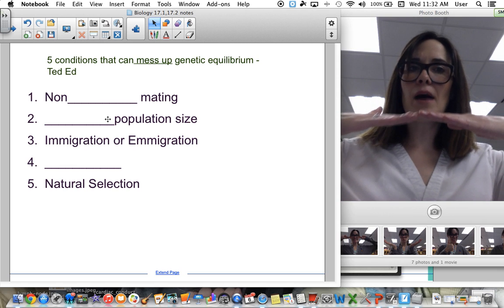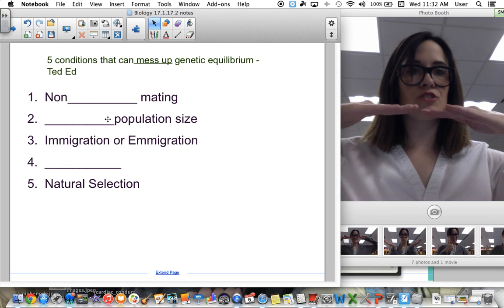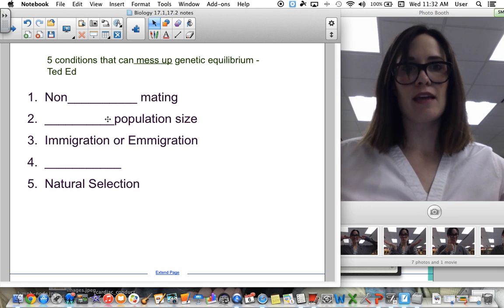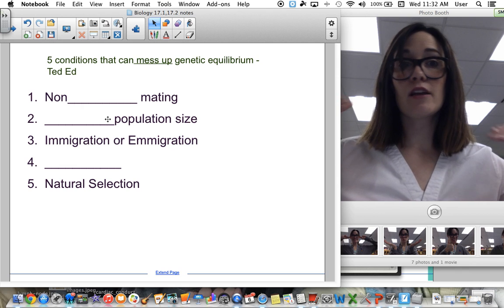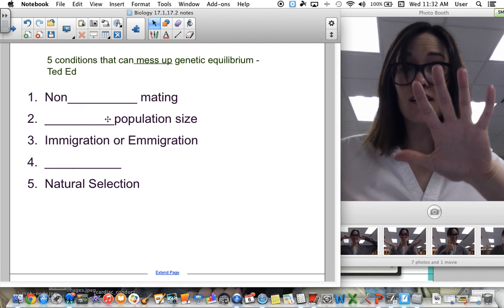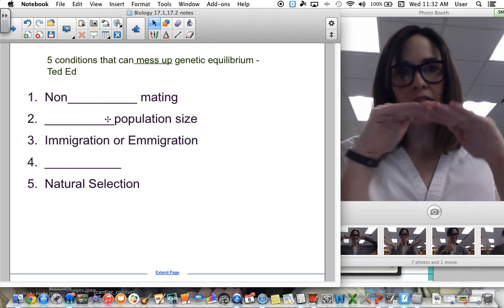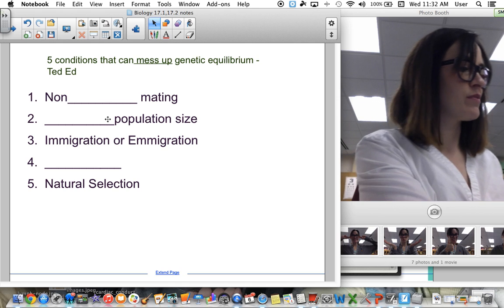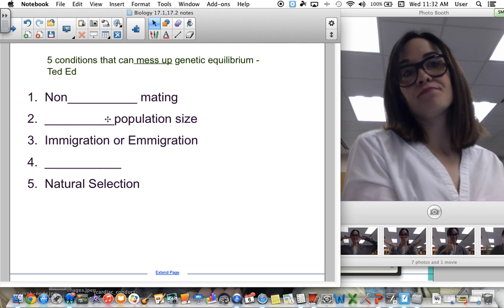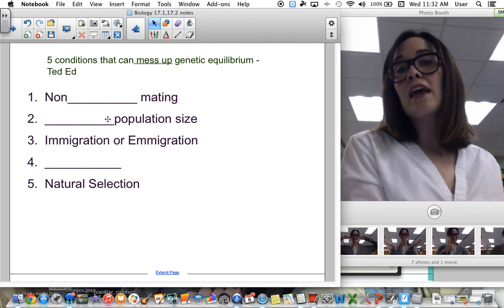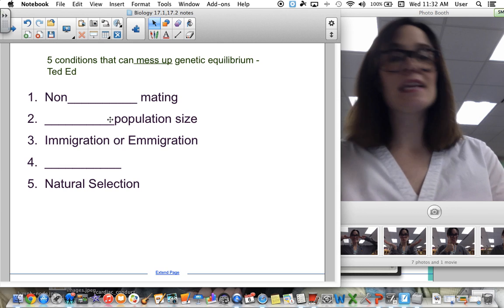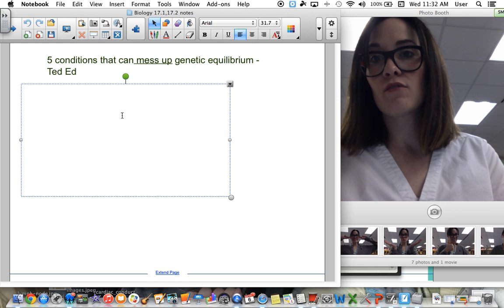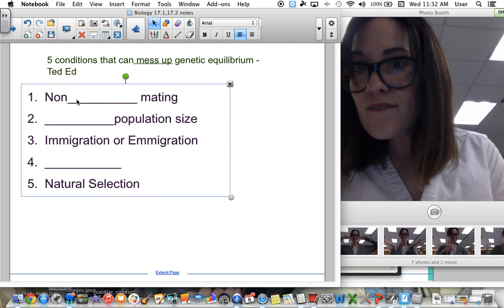Now, a population that is not evolving, that's in genetic equilibrium, isn't likely because there are these 5 things that can mess up that genetic equilibrium, that can cause it to evolve. And those 5 things are non-random mating.